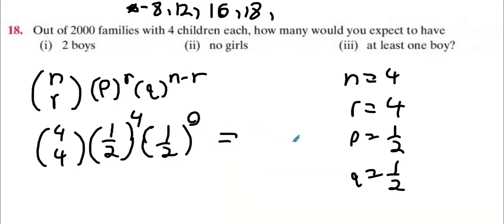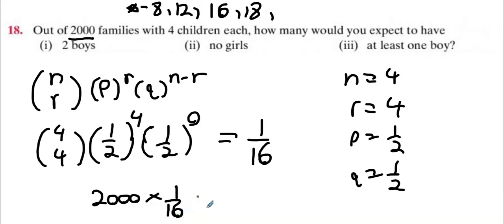Throw it in the calculator, and what do we get? Now, believe it or not, I didn't get full marks for the first answer. Let me explain why. It's how many families. So out of 2,000 families, it's multiplied by 1 in 16 for the second answer, which is 125 families.